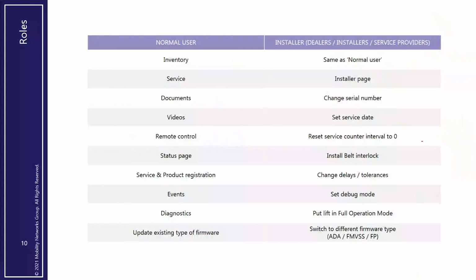The installer role is granted only to technicians that have undergone the training. Once training is complete, the role is manually granted to them. This additional role grants the technicians access to the installer page where you can modify the lift's parameters. You have access to all the videos, while, for example, a normal user only has access to a handful of videos relevant to them.